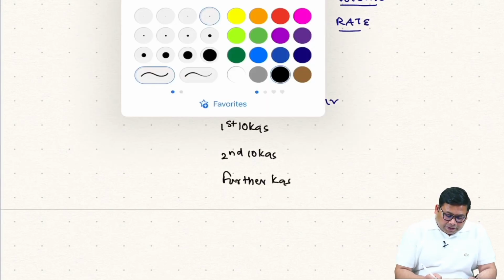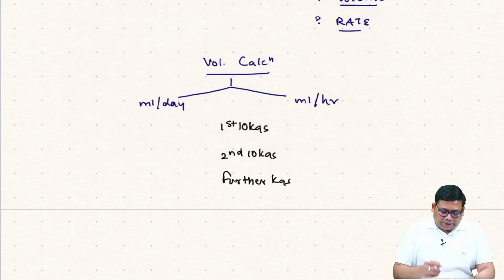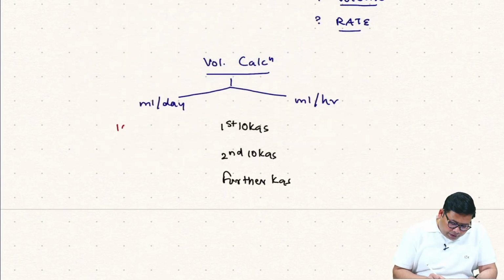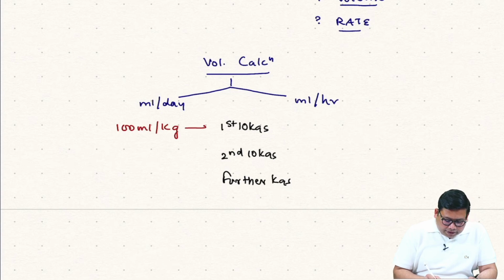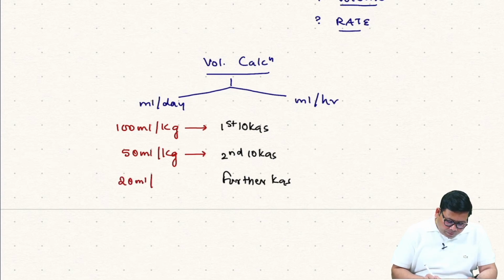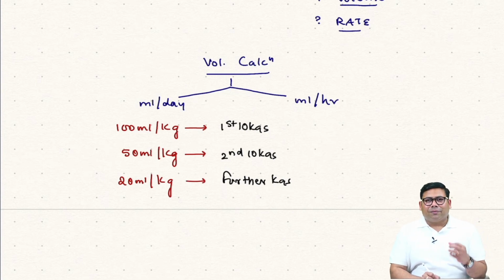So we take it as in the first 10 kgs in ml per day, 100 ml per kg for first 10 kgs, then it is 50 ml per kg for second 10 kgs, and then it is 20 ml per kg for further kg. So to make it easy and memorizable, we have 150 20 150 20.